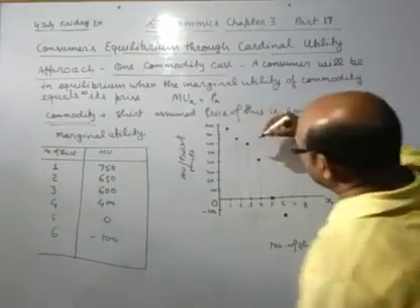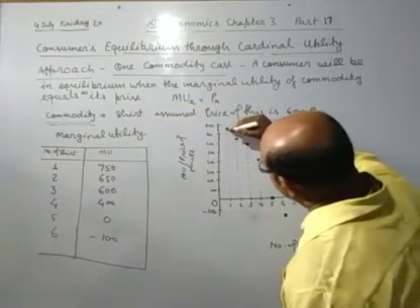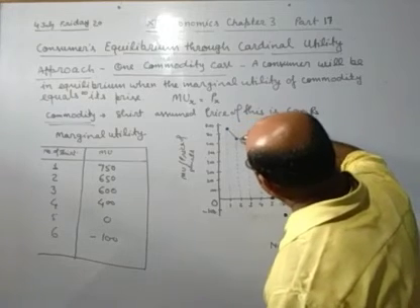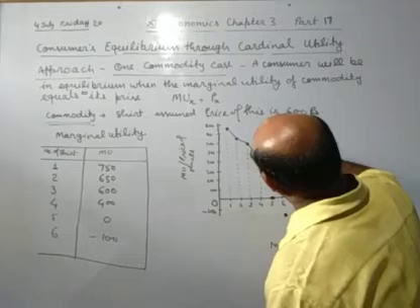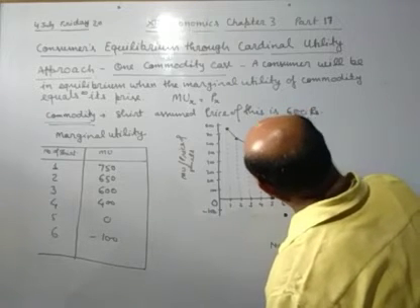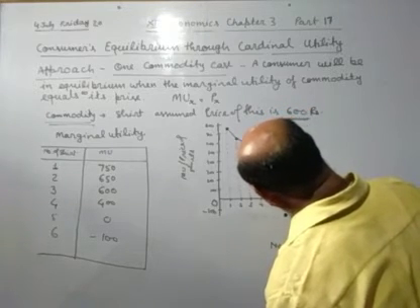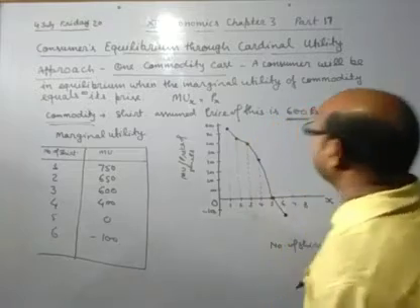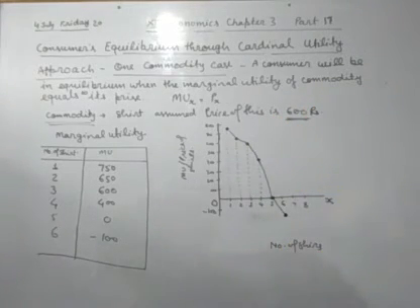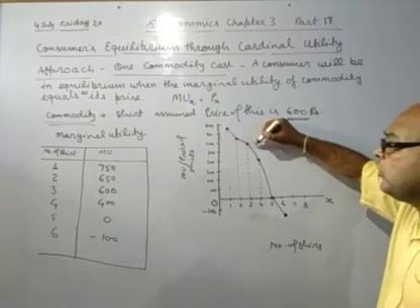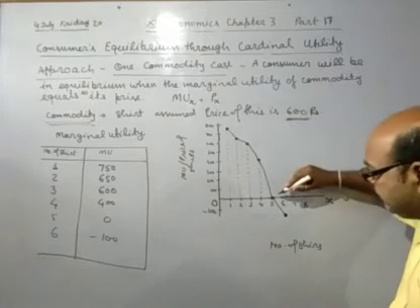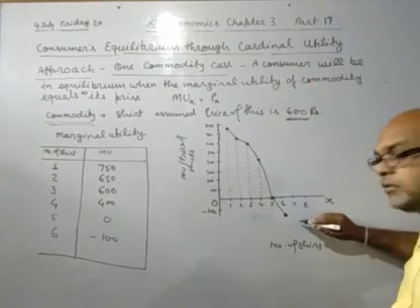So this is the marginal utility curve. You can see the marginal utility curve is always in decreasing order. It becomes 0 and becomes negative.